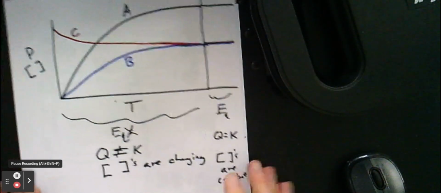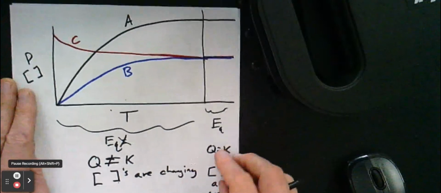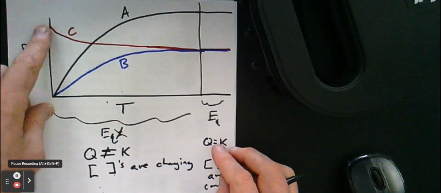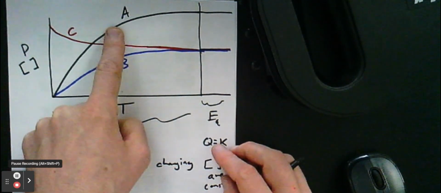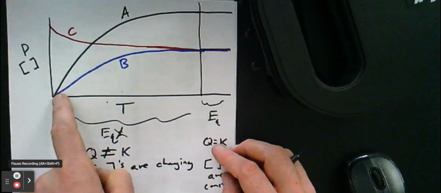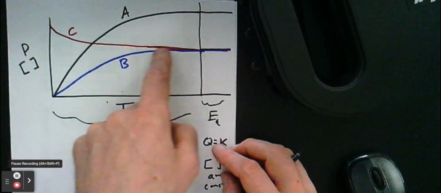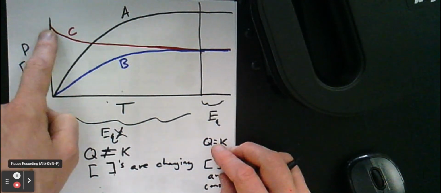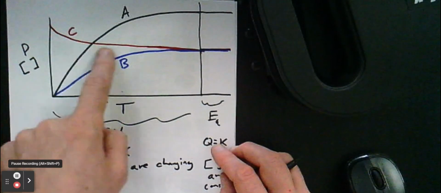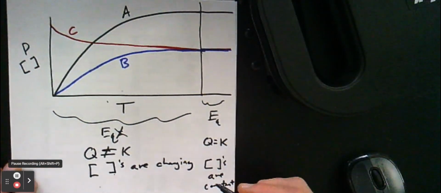Alright? Now, if I needed to figure out the Q or the K, I would need an equation, and I would need numbers, really. But you can tell A is going to have the biggest coefficient, because A shows the greatest change. C is going to have the smallest coefficient, because C has got the least change. So the equation could look like this.